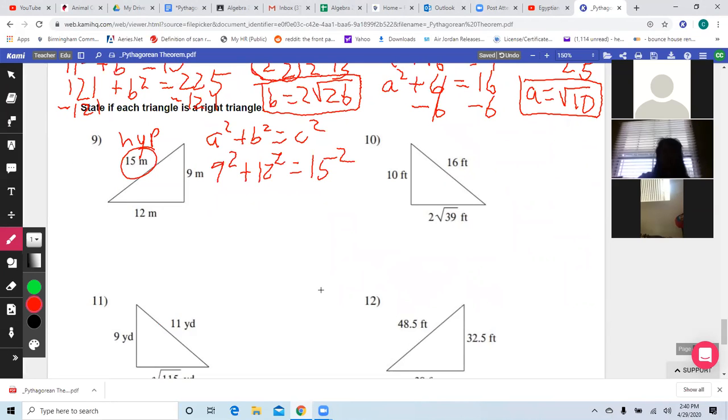And you're just going to check if this is correct. So I get 81 plus 144 is equal to 225. You just go in your calculator and see what 81 plus 144 is. And if you check, it's actually 225. So this statement is true, and so this is a right triangle.